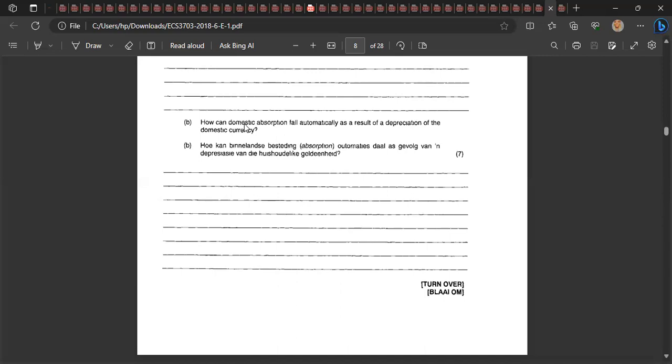So what we would be trying to explain here is, you can start off by talking about what domestic absorption refers to, and then what is a depreciation in the domestic currency, which is a fall in the value of the domestic currency, and what the implications of this are in terms of domestic absorption.